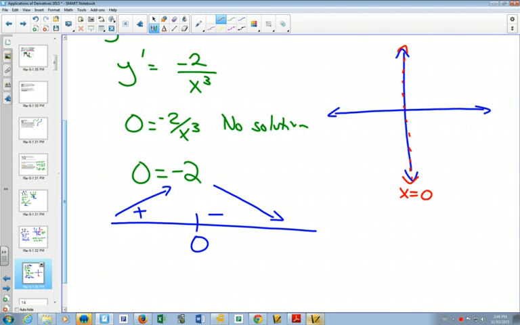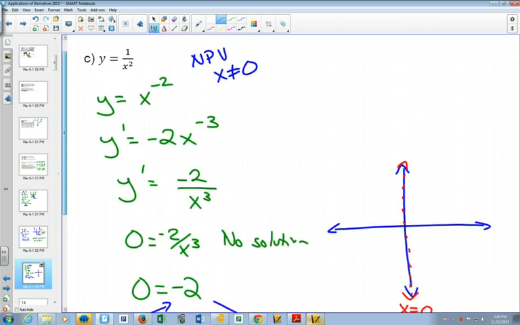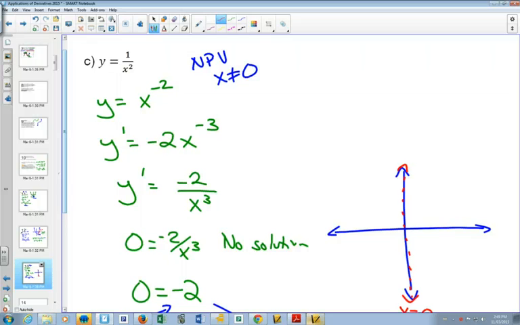From our calculus at the beginning of the year as well, if we think about what happens as x gets really, really big, the limit as x goes to infinity of 1 over x squared is going to get really, really close to 0. So there will also be an asymptote at y equals 0.